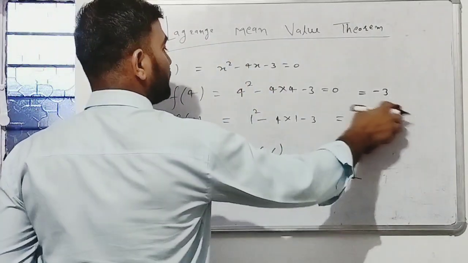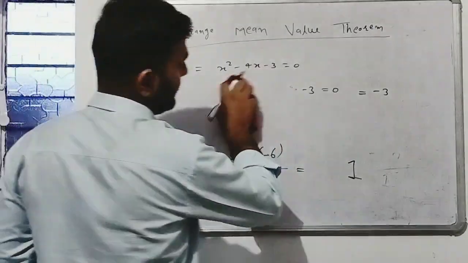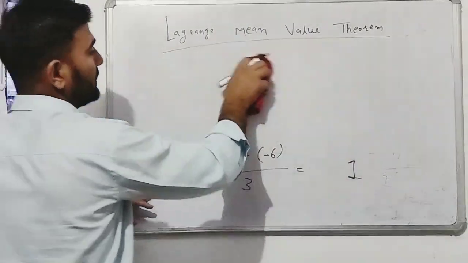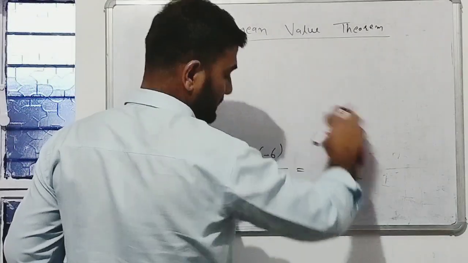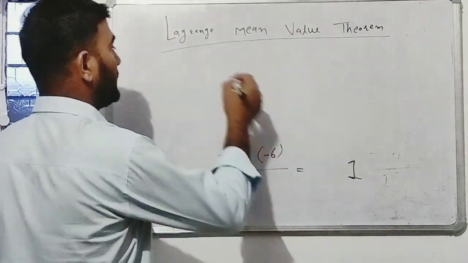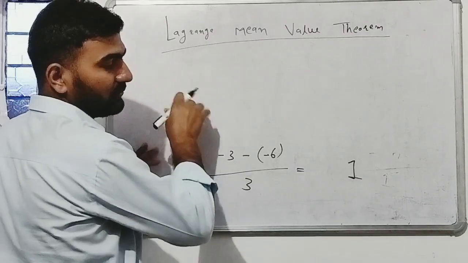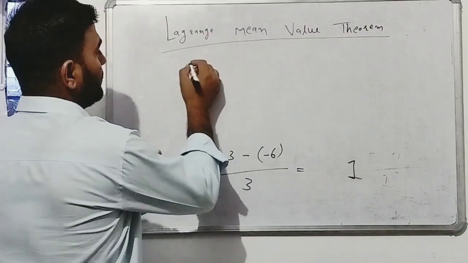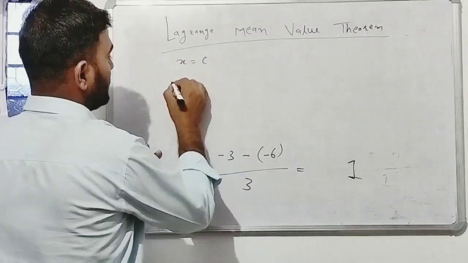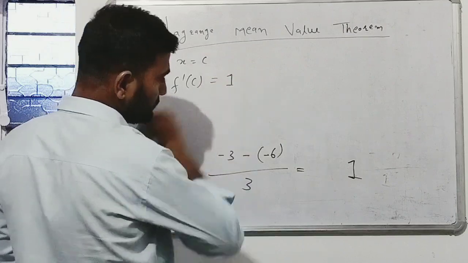So let's find a point. Let's see if there exists a point in between 1 and 4 for which the derivative of the function at that point is equal to 1. So let's say the point is c, and at x is equal to c we can write that f dash c will be equal to 1.